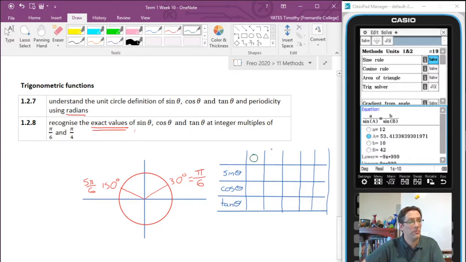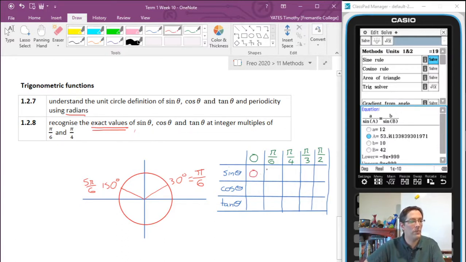Now, this would normally be 30 degrees, but that is pi on 6. 45 degrees is pi on 4. 60 degrees is pi on 3. And 90 degrees is pi on 2, because this is half a circle. This is a sixth of a semicircle, a quarter semicircle, a third of a semicircle, and half a semicircle. And we need to know all of these numbers.